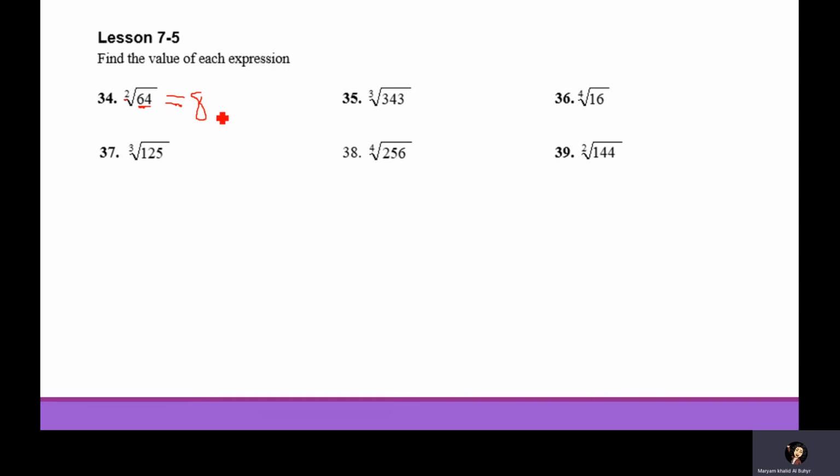But if we are using a calculator, let me use the calculator with this one. There are 2 ways to find this one, by calculator, and another way to do it without a calculator. So I will remind you of all this.